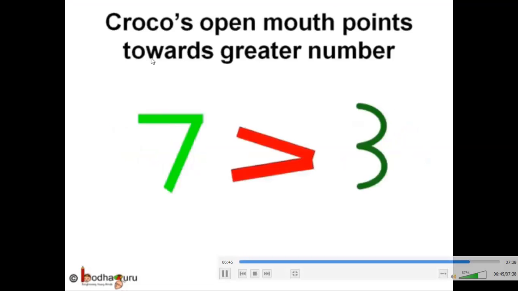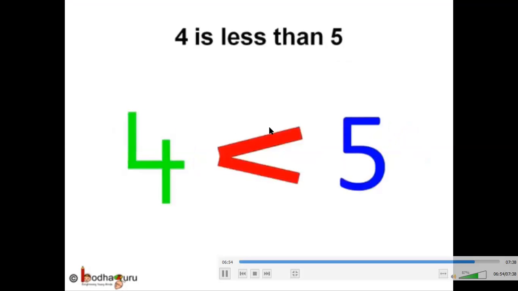Let us summarize. Crocodile's open mouth points toward the greater number, right? 7 is greater than 3. 4 and 5, again we use the crocodile mouth. 4 is less than 5, right?